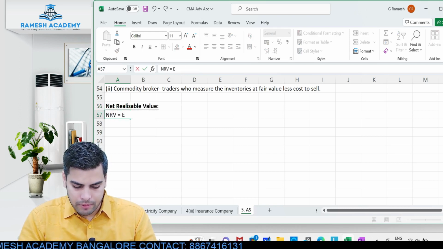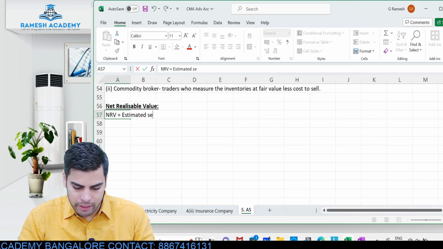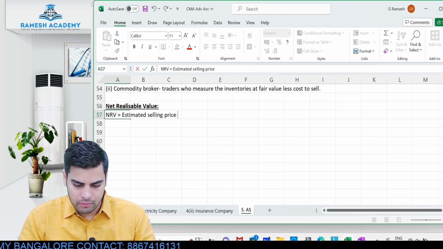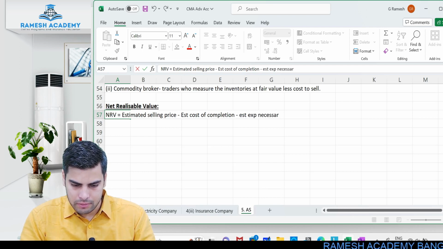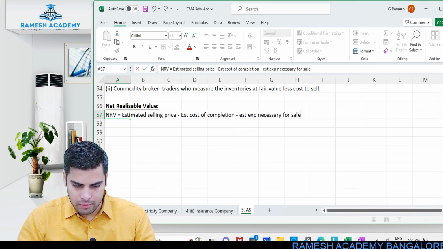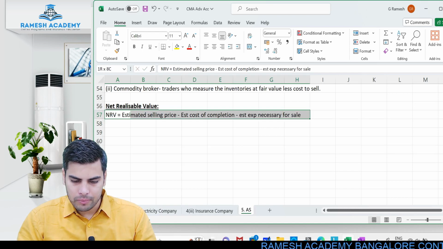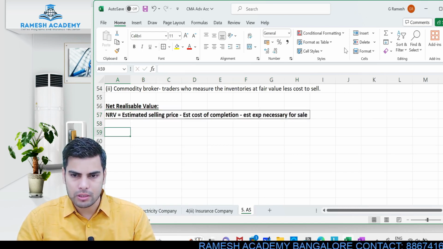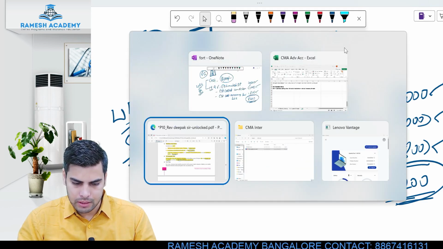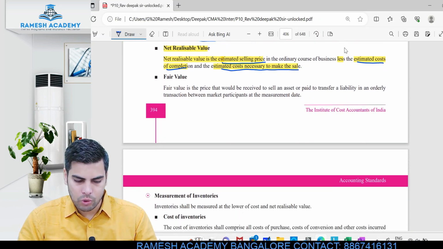So net realizable value will be equal to estimated selling price minus estimated cost of completion minus estimated expenses necessary for sale. Now for the purpose of selling this particular product, if at all I want to incur any expenditure, even those expenses will be deducted from here. Is this clear? If you just remember this much, it is more than sufficient.